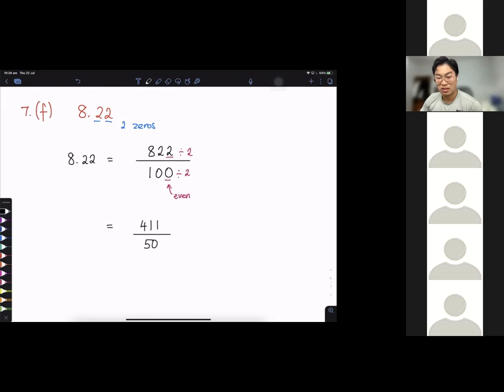Can we simplify this any further? No. So would you be happy to say that this is the simplest form? You can try typing it in your calculator to double check. If you type it into your calculator, I'll show you.